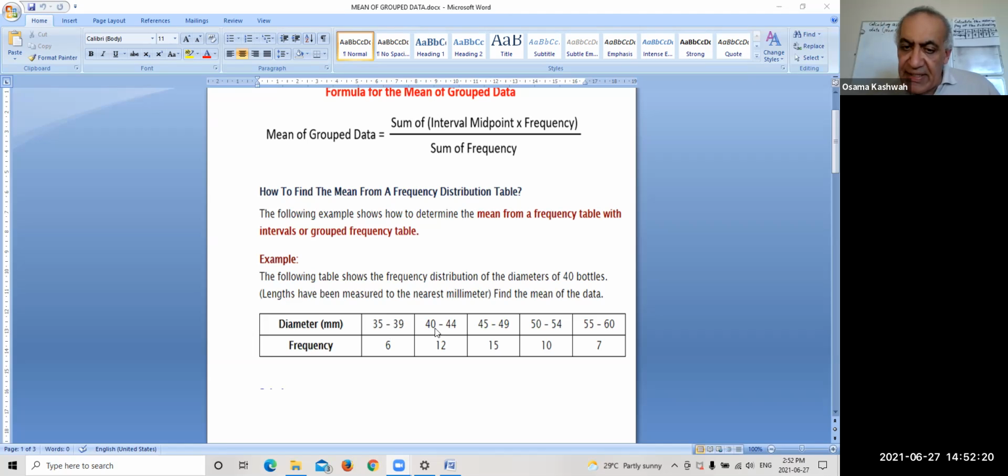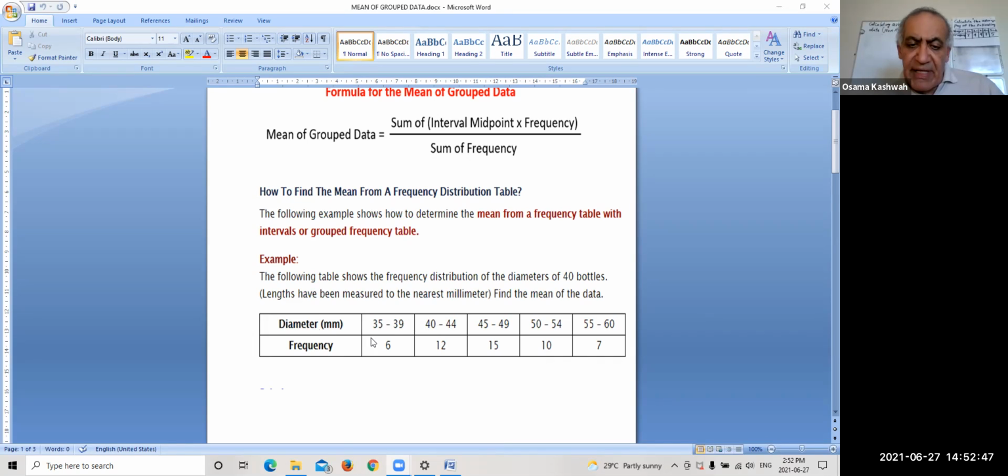Same thing for the second category, from 40 to 44. With diameters like 41, 42, 43, we found 12 bottles between 40 and 44. I will do it now on the board.